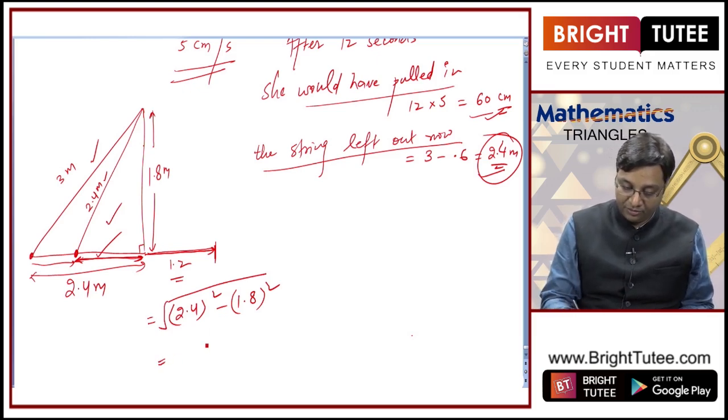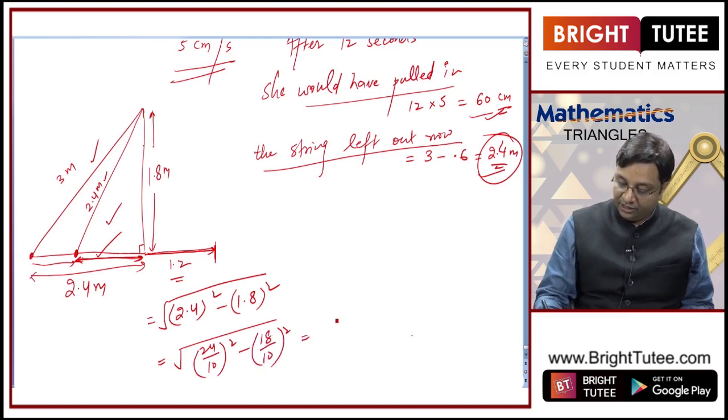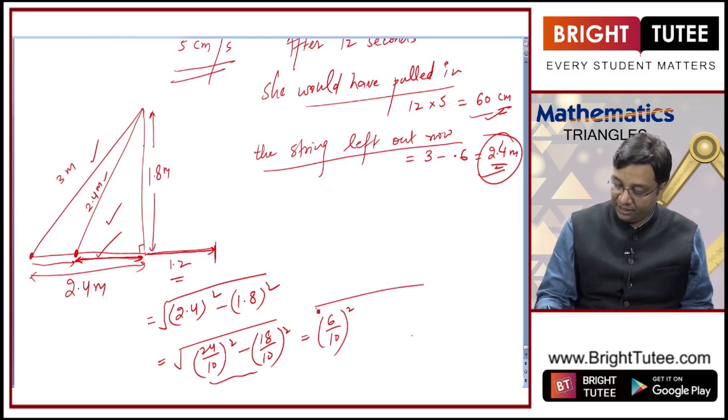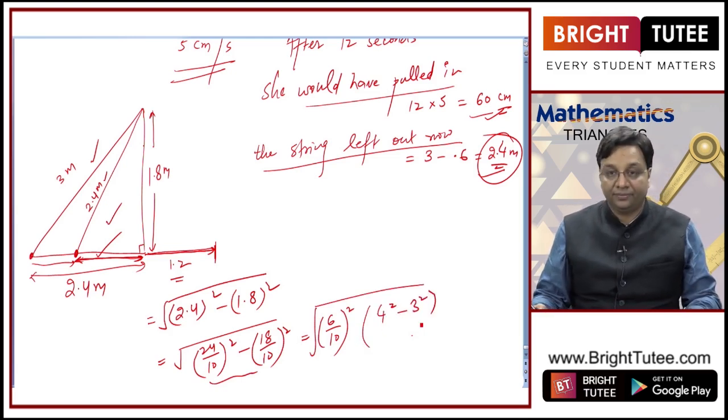So which is equal to, this can be written as 24 by 10 squared minus 18 by 10 squared. So you can take 6 by 10 squared outside from this. Okay, it is still inside the radical sign. So here I'll have 4 square minus 3 square.